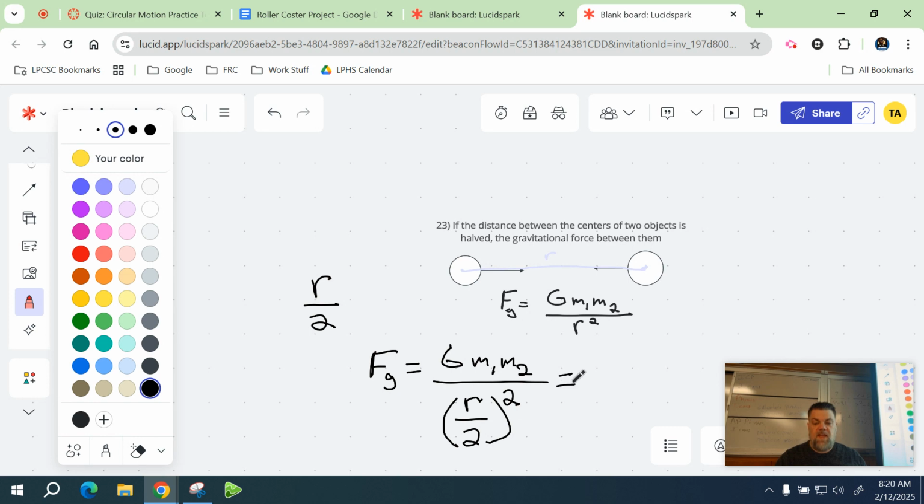Now, if you do the math on that, that becomes G times m1 times m2 all over r squared divided by 4. Okay? All right, well, we're almost there, guys.